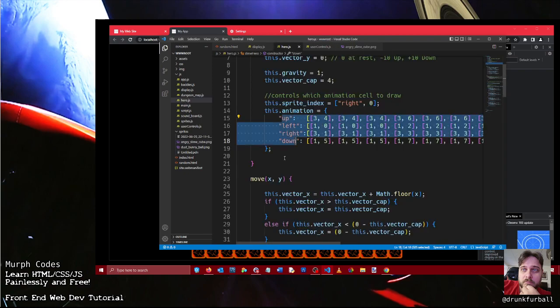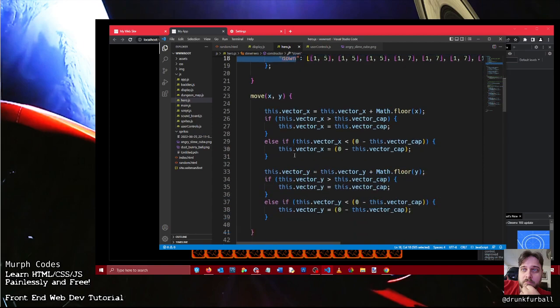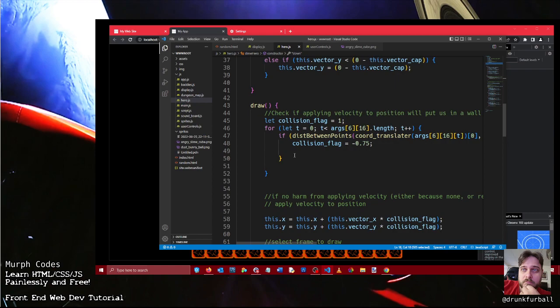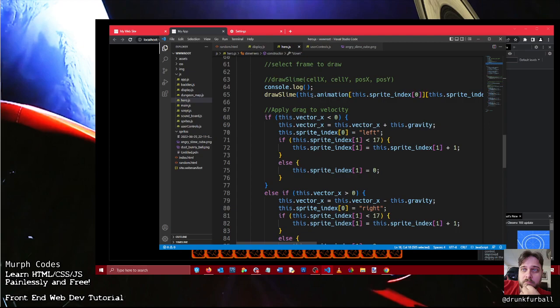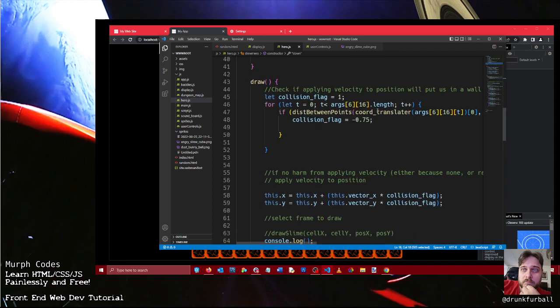And how we're going to set this up is instead of just up, left, right, down, it's going to be move up, look left, move up, look right, move left, look left, move left, look right, that kind of thing. And we're going to construct our key, which, if you remember right, is this first sprite index, from a string.